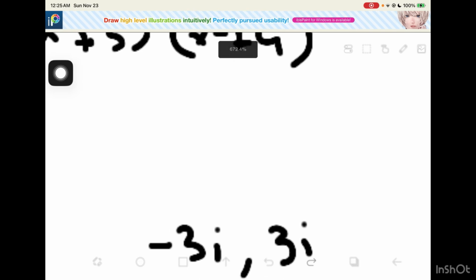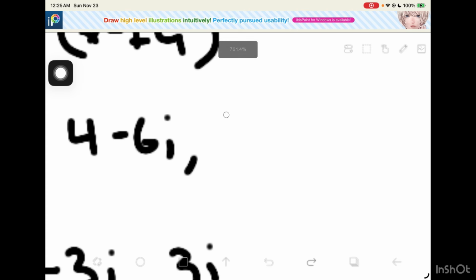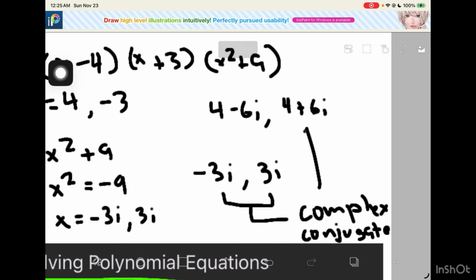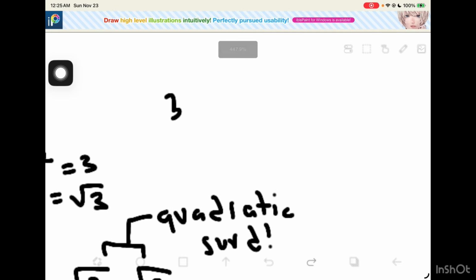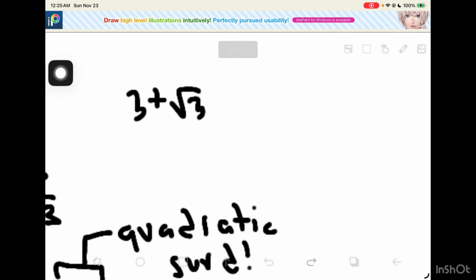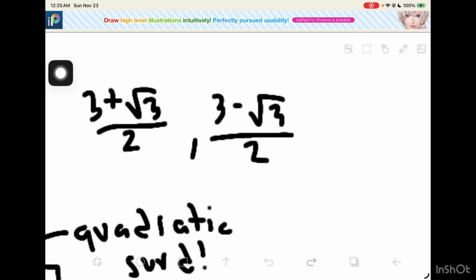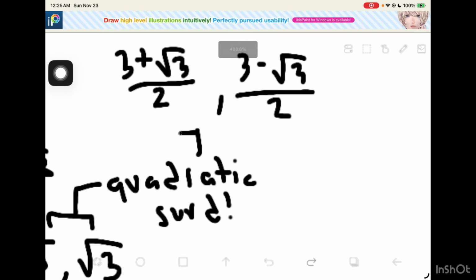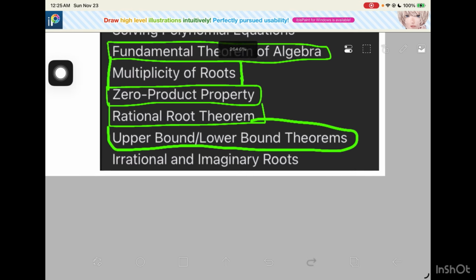Similarly, for more complex ones, such as 4 minus 6i, if 4 minus 6i is a root, 4 plus 6i is also a root. So this is the complex conjugate theorem. Similar here, if 3 plus square root of 3 over 2 is a root, therefore 3 minus square root of 3 over 2 is also a root. That's also what you call quadratic surd. And that's all you really need to know.